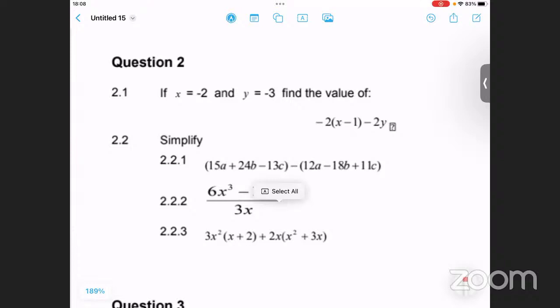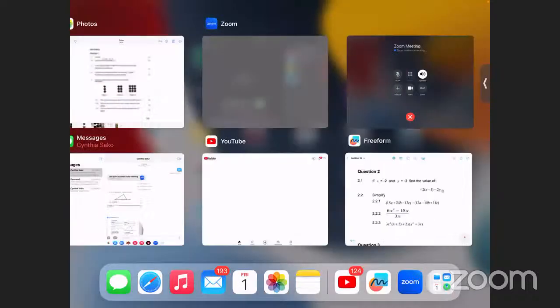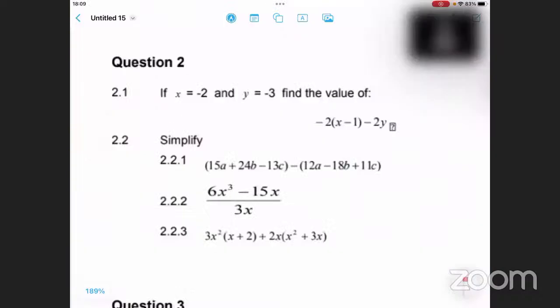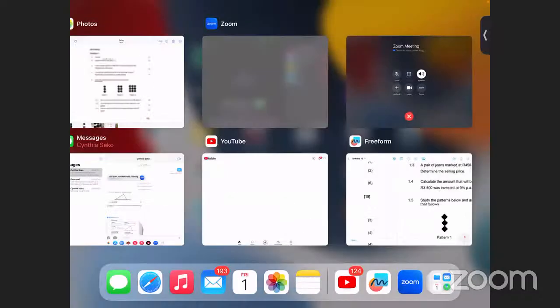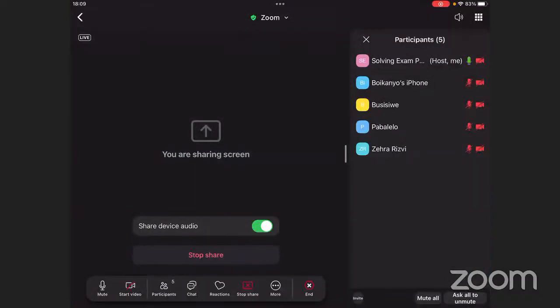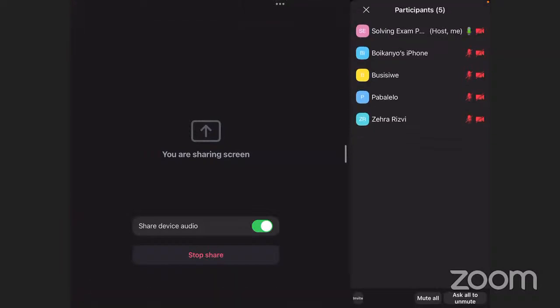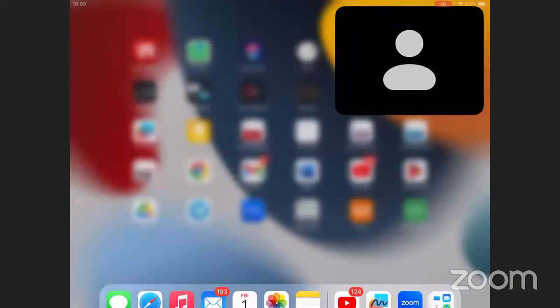Let's see who's in here. So how many questions are we having? We have one, two, three, four. Okay, we have four questions. Biganyo, you're gonna take the first one, Busisi the second, Babalelo the third, and Zira, you're gonna take the fourth question, right?